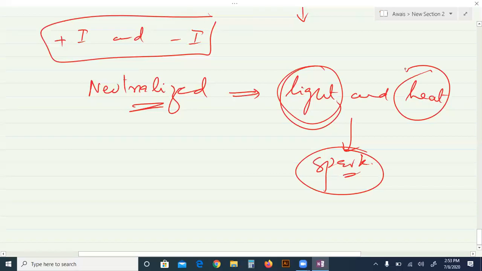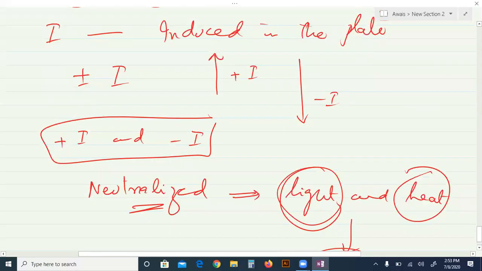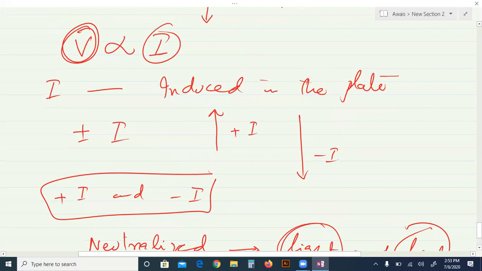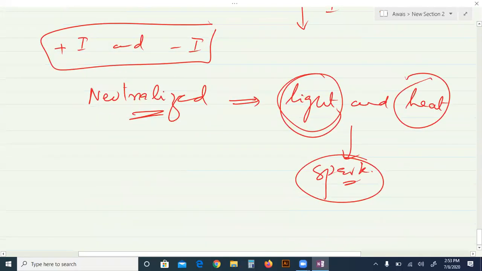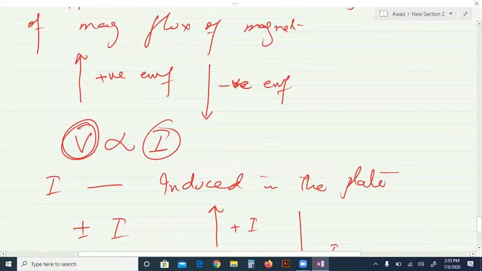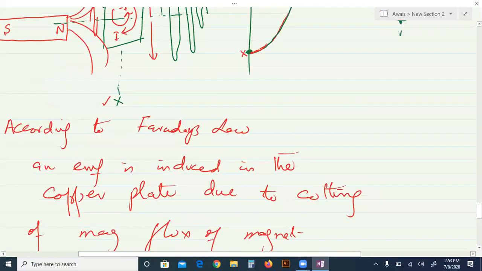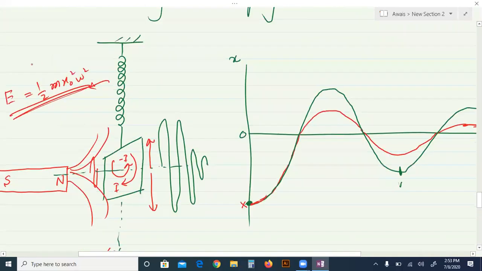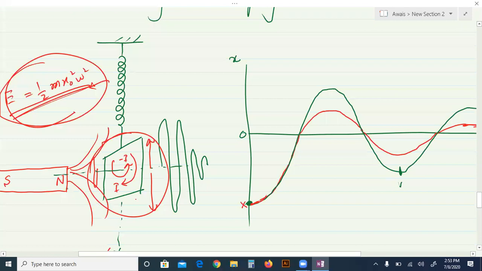Now, according to the law of conservation of energy, one form of energy is converted into another form. So the energy which is kept by the spring is this energy. Here, due to this oscillation in front of the magnet, it is lost as light plus heat.